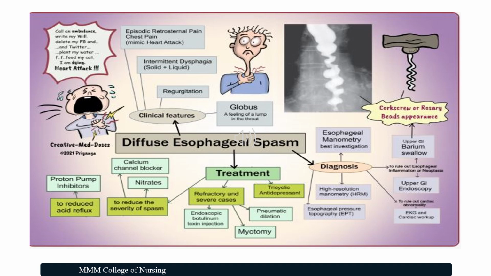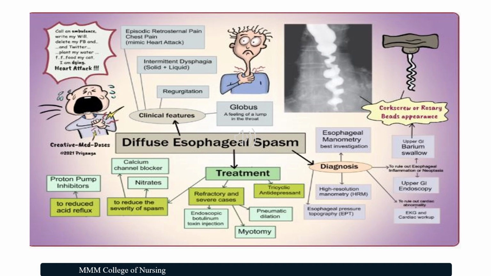Diagnostic measures: esophageal manometry and barium swallow. In barium swallow X-ray imaging, a corkscrew or rosary bead-like appearance can be seen. Upper GI endoscopy, ECG, and esophageal pressure topography can also be done.